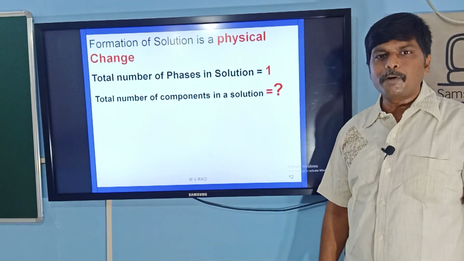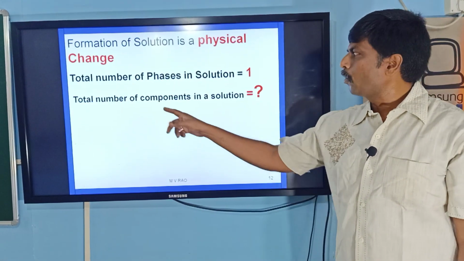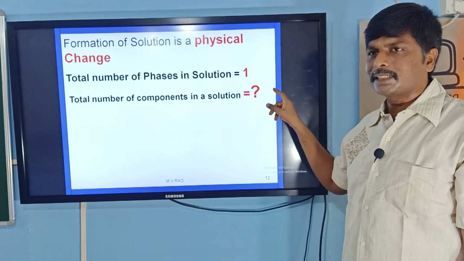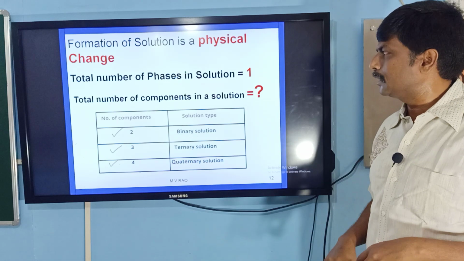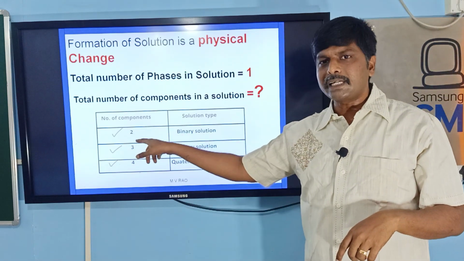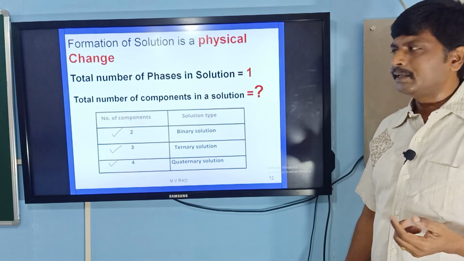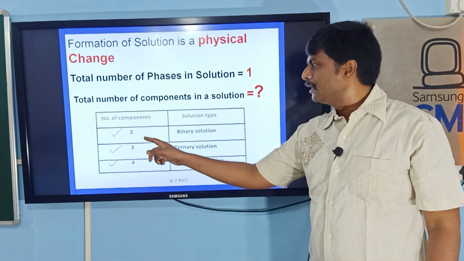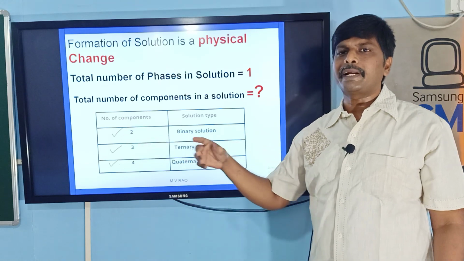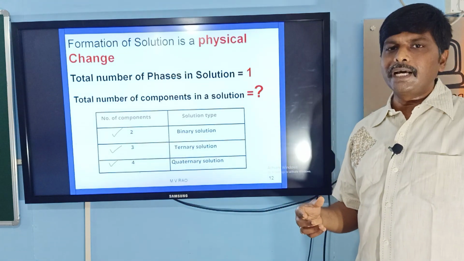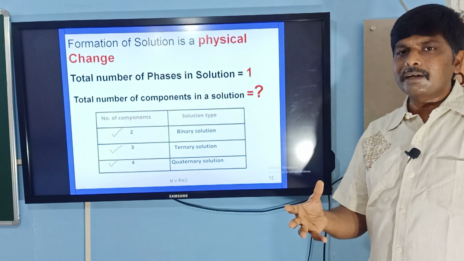Total number of components in a solution is how many? It varies from solution to solution. If only two components are there, then that solution is called a binary solution. For example, you take sugar and water. Sugar is one component, water is one component.